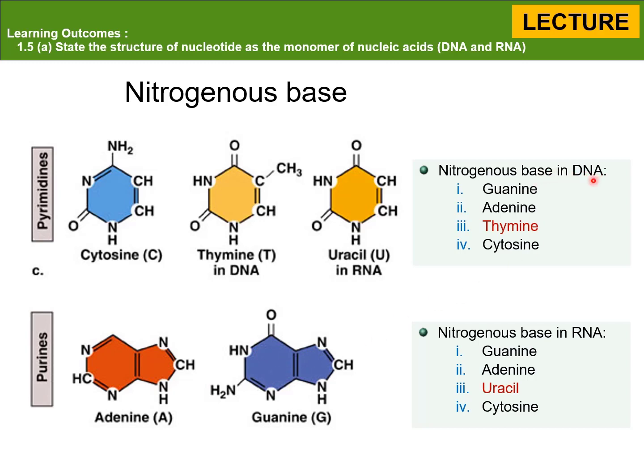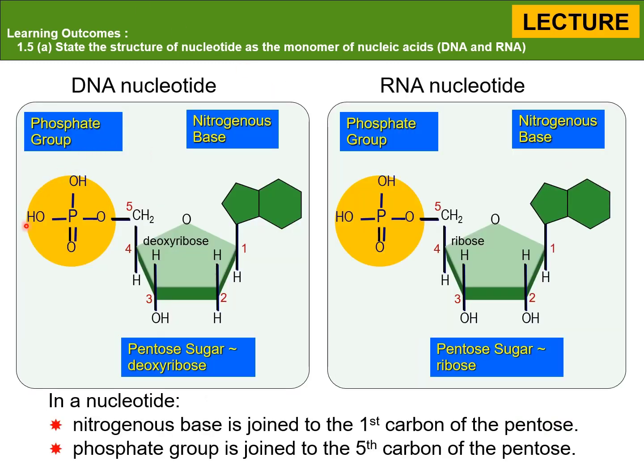Nitrogenous bases in DNA are guanine, adenine, thymine, and cytosine, whereas nitrogenous bases in RNA are guanine, adenine, uracil, and cytosine. This is a DNA nucleotide, and this is an RNA nucleotide.